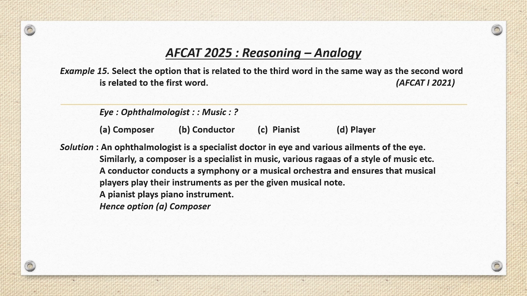Same way, a composer uses his knowledge, uses the notation, uses his knowledge of various instruments, and he composes the music. What does a conductor do? He simply arranges the music players, those who play the piano, violin, drums, all those, and he keeps on instructing them, right? So conductor is wrong, composer is correct. Music composer and eye ophthalmologist.